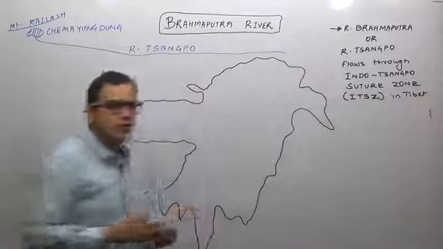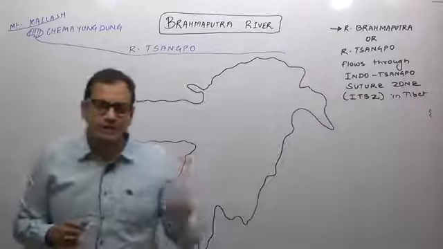Initially, it flows through the Indus-Tsangpo suture zone or ITSZ in Tibet.